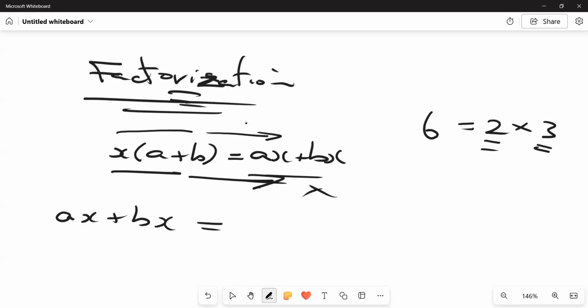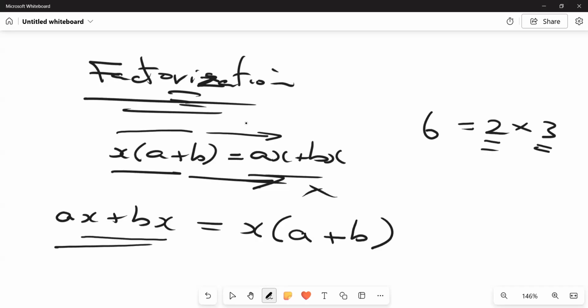And what we're looking for is the common factor. Pull it to the front, the common factor here being x, times. So you divide ax by x, you get a. Put the plus sign back. bx divided by the x in front here is b. And that's what you get.